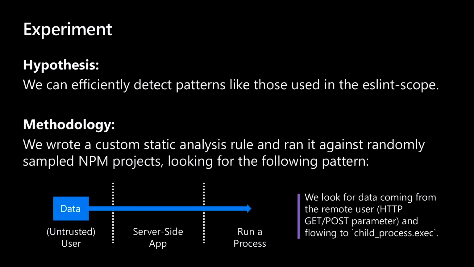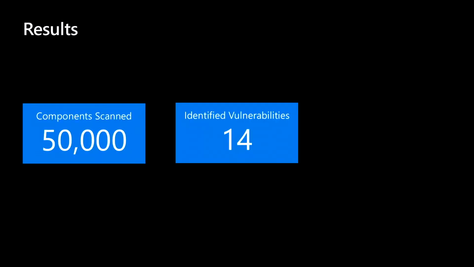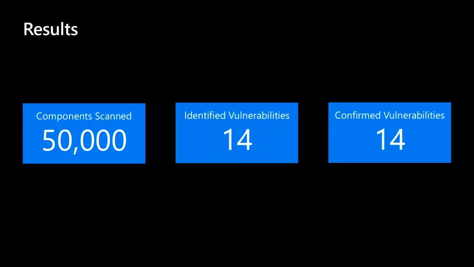Basically what this did was it looked for data coming from an untrusted user, flowing into the app, and then being concatenated and piped to command.exec. I ran this against 50,000 completely randomly sampled components. Found 14 vulnerabilities. Triaged them all. They were all real.